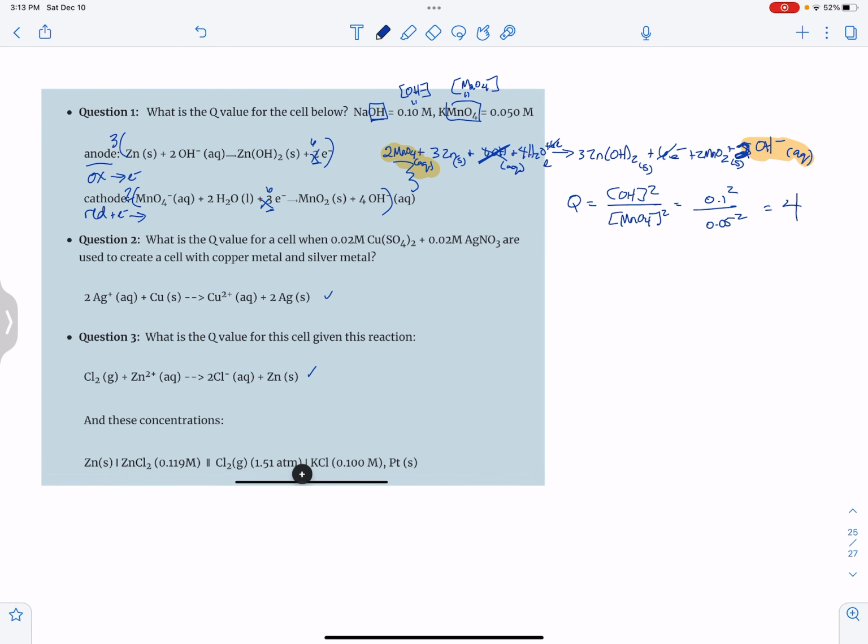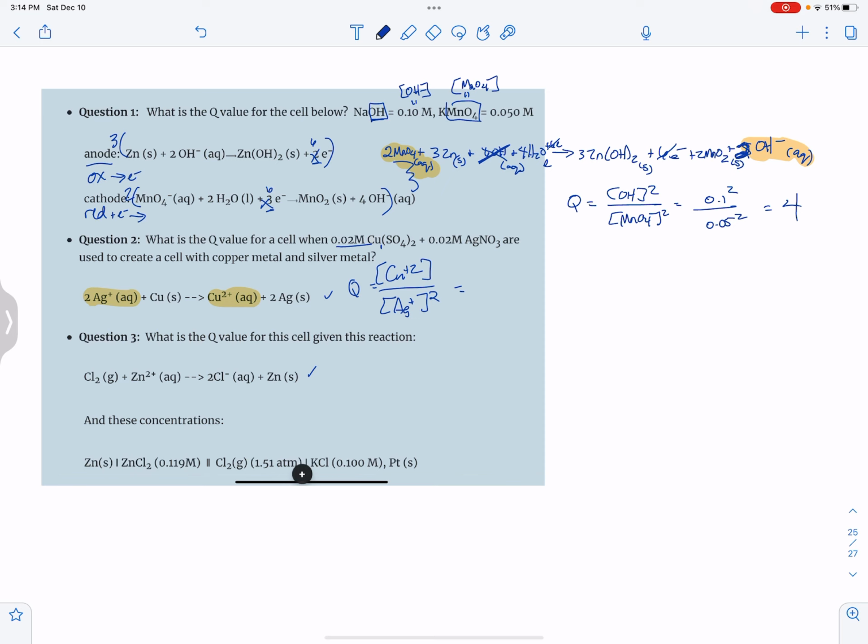Now the next one was the Q value for this cell. Luckily, it's already in place. The only ones that are going to matter is my aq and my aq. So this is Cu plus 2 over Ag plus squared. And then this is the same thing as saying that's how much copper is in it.